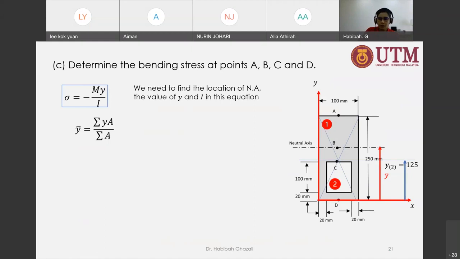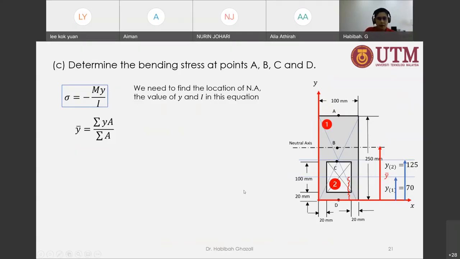That is the centroid for my shape 1. The centroid for my shape 2 is located in the middle of that shape 2. And where is it located from the base of the beam? Of course, it's 50, half of its dimension, plus 20 here. So that's going to be 70.